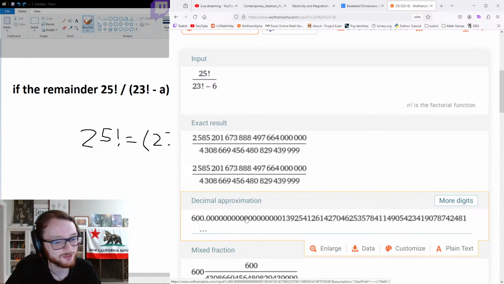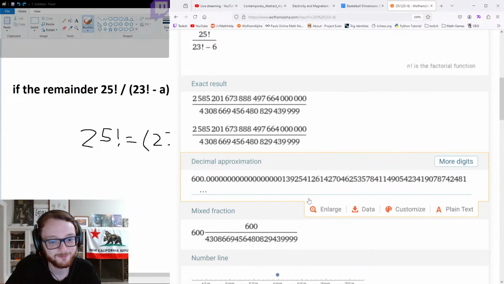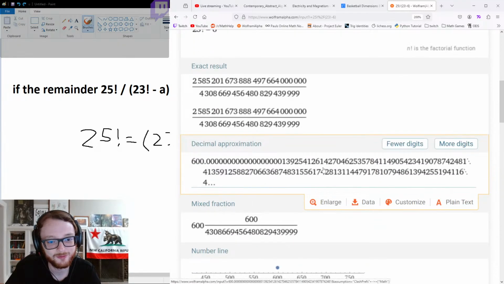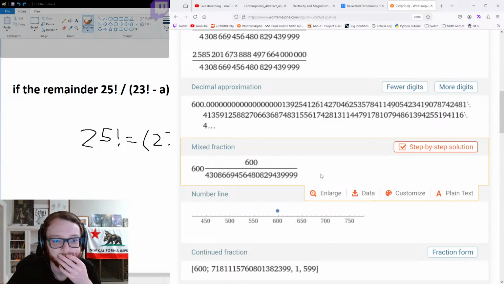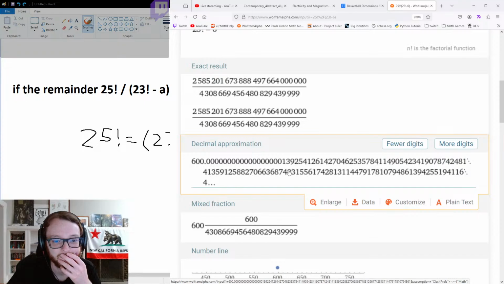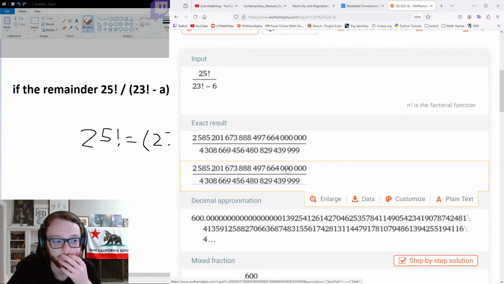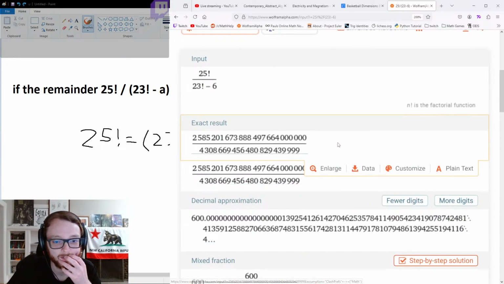I feel like it should have just been 600 on the dot here. And if Wolfram is getting this decimal, I'm kind of suspicious of how possible this is. I'm not very good at these types of problems in the first place. I should make that disclaimer.